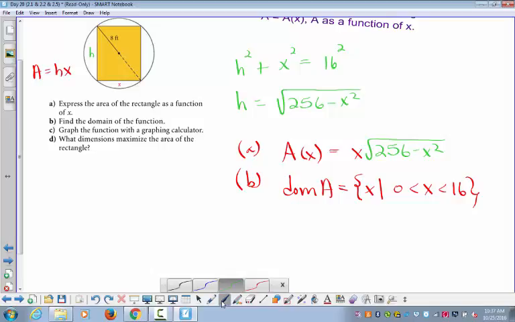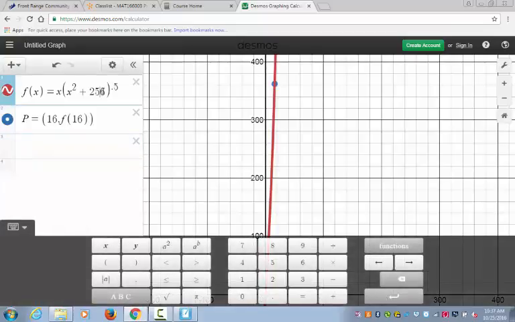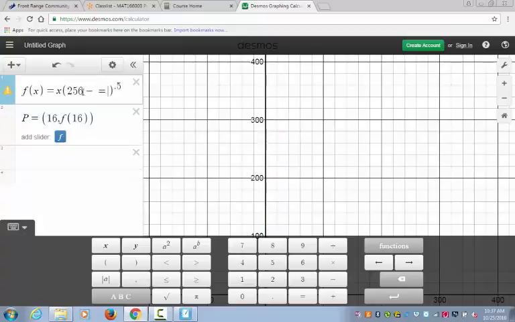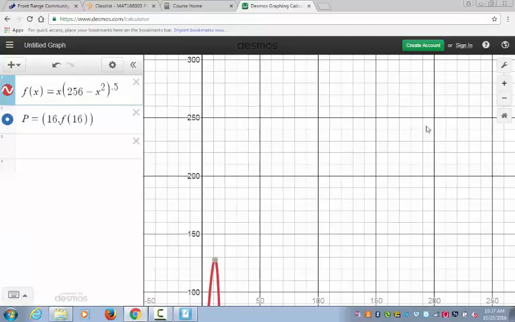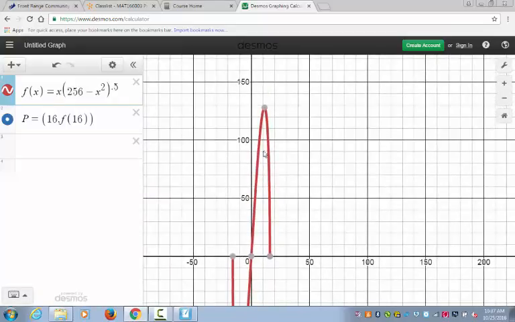Now we will see the area being maximized. Very suspicious. Minus x squared. That is more like what we would expect.